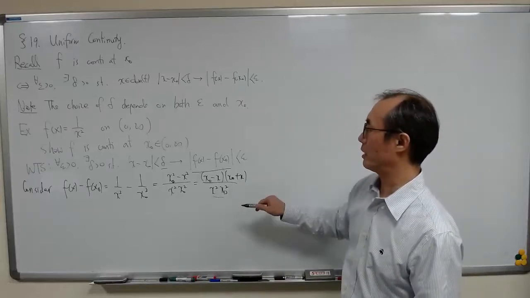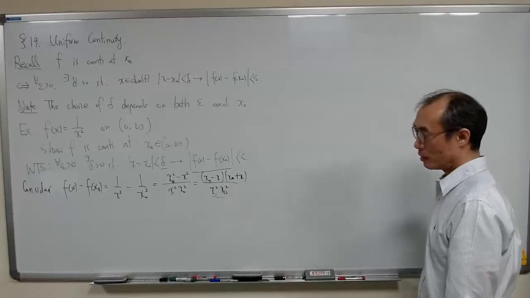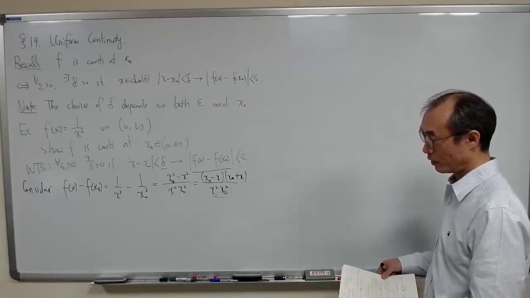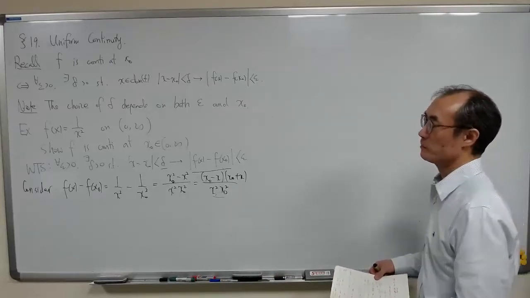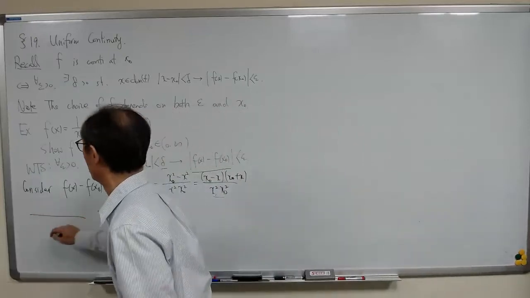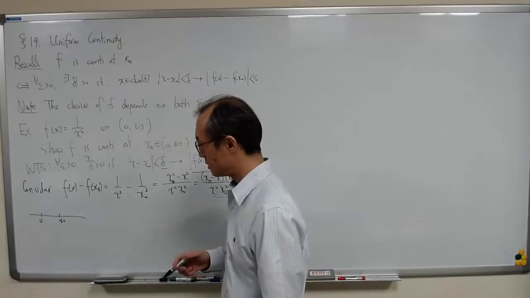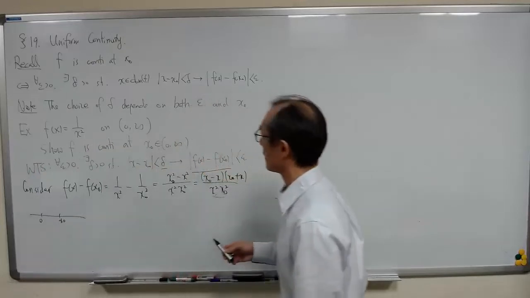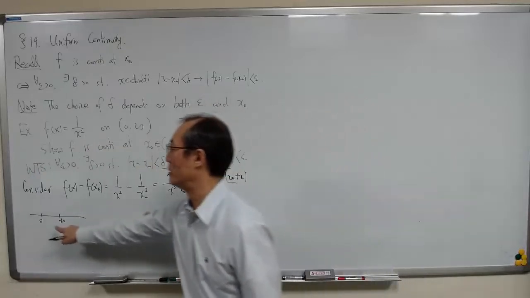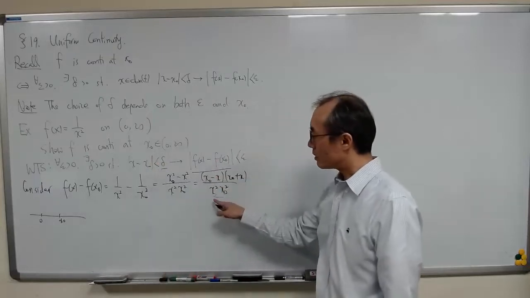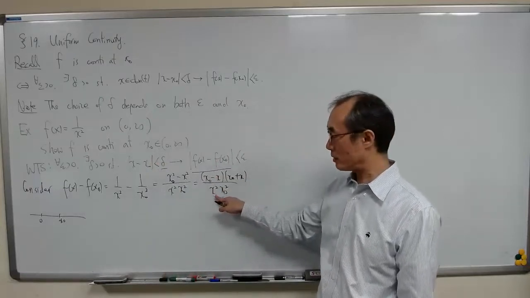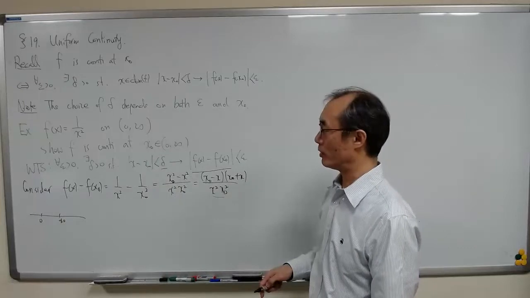Here we have an additional x, and the x is also in the denominator. So x naught is somewhere on the positive real axis, and if x gets close to 0, then this quantity gets bigger, since we have x in the denominator.